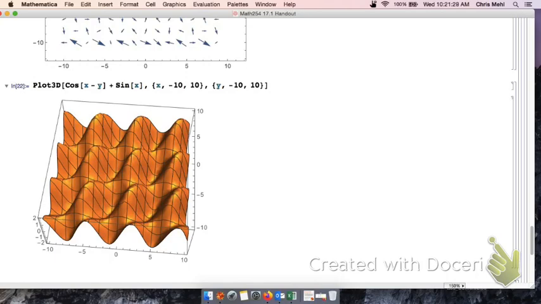Now, another thing I could do is the contour plot.